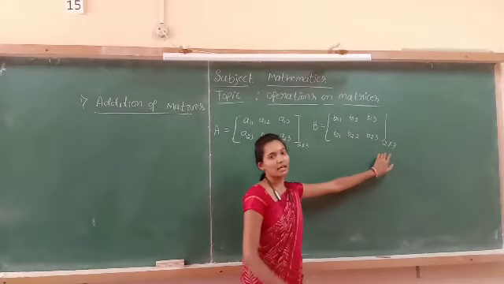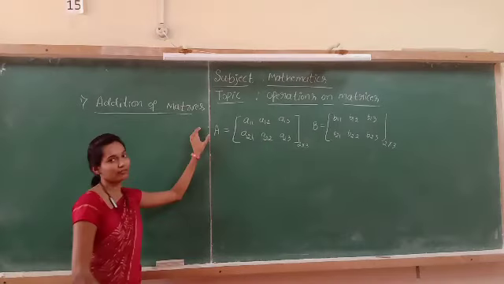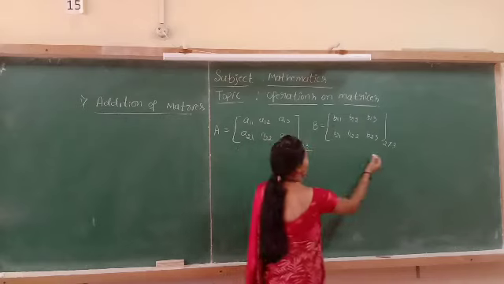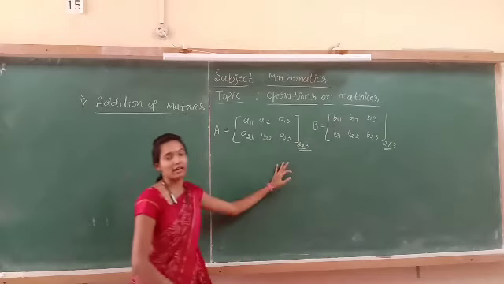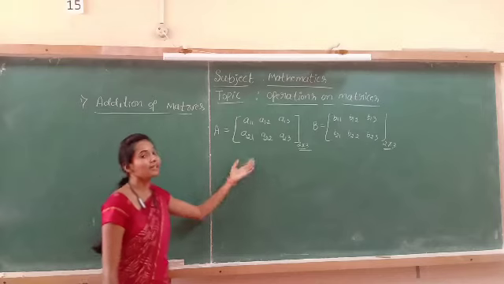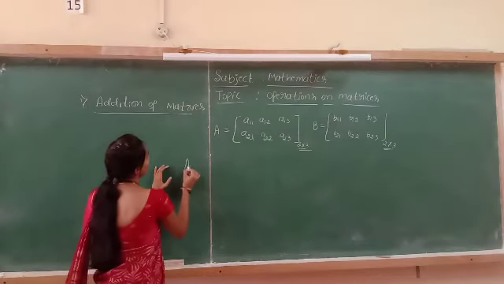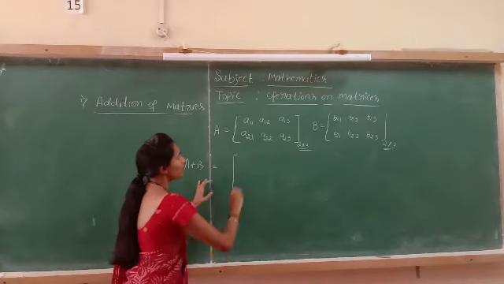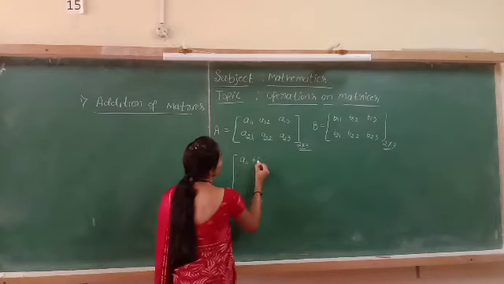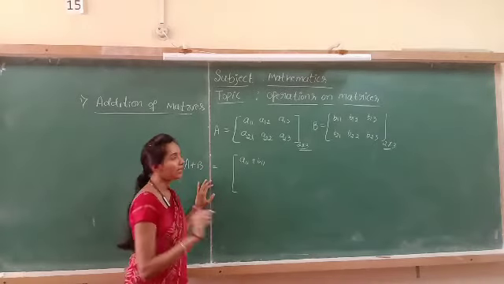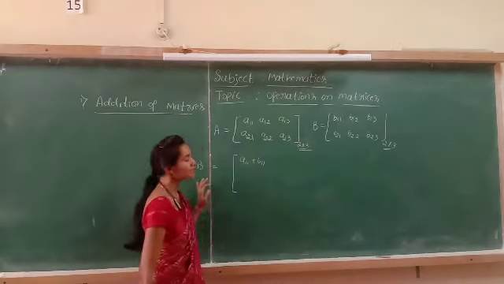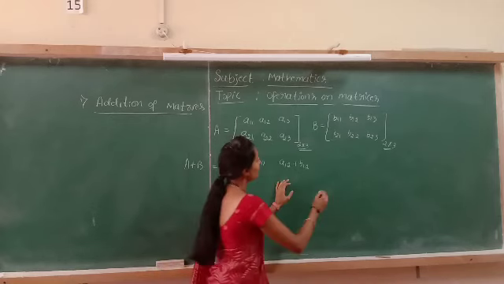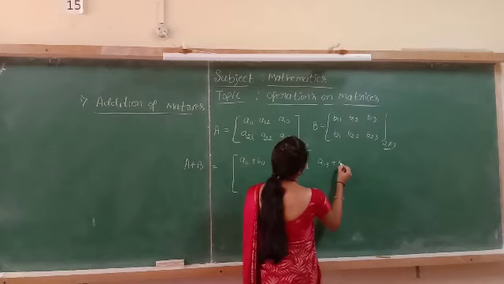One of the major conditions for the addition of matrices to exist is that both matrices should have the same order. Then add the corresponding elements of those matrices. The resultant matrix is like this. A plus B is equal to another matrix: A11 plus B11, next element A12 plus B12, third element A13 plus B13.